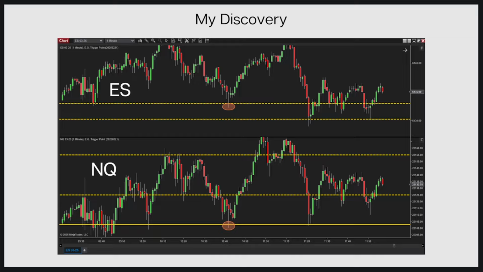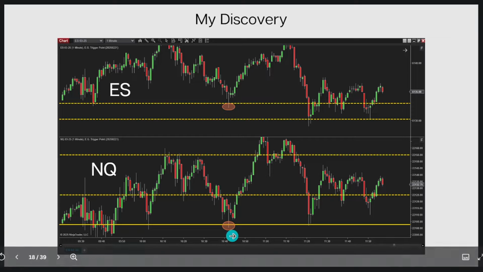So my discovery started by observing. I'm watching the graphs many hours a day for years. And my discovery was as follows. So we have the ES futures here and NQ futures here. And what I saw is that a strong reaction to my trigger point happened at the same time.